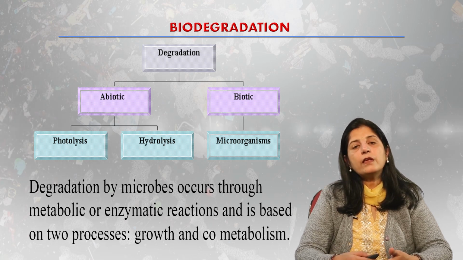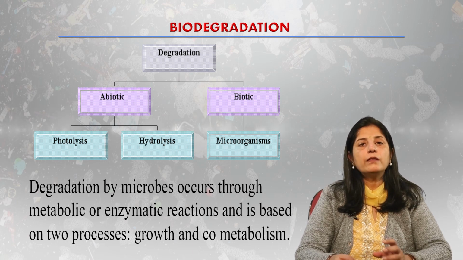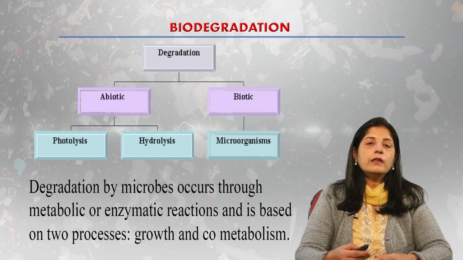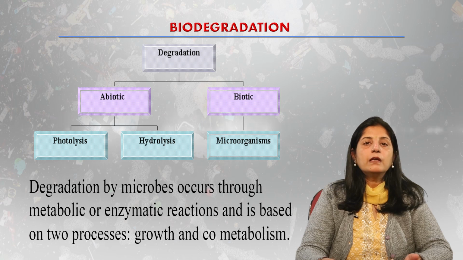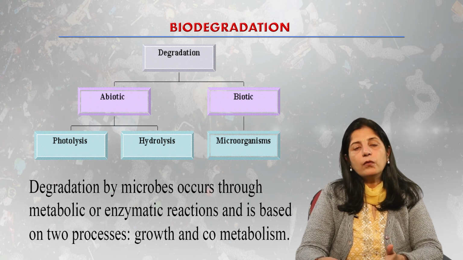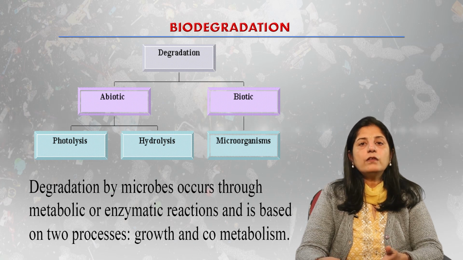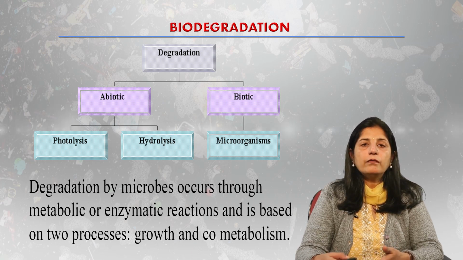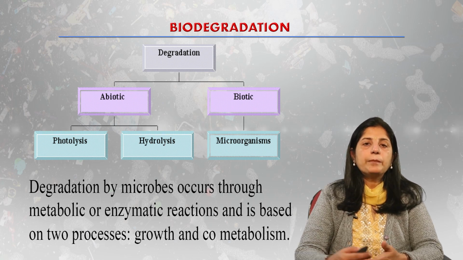Photolysis is breakdown of a chemical with the help of UV radiation present in sunlight. It generally breaks down chemicals which have aromatic ring structures, such as PCBs. Hydrolysis is the breakdown of a chemical through water, which is then supported by sunlight or heat energy.